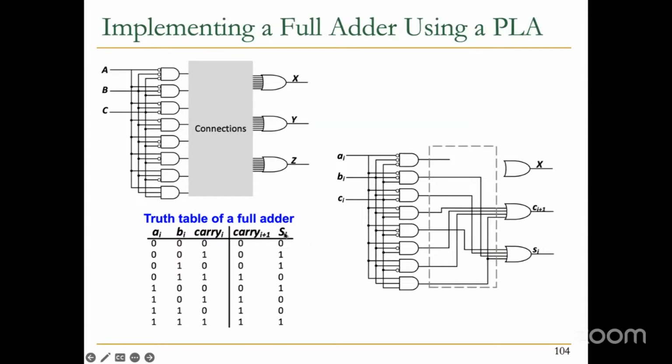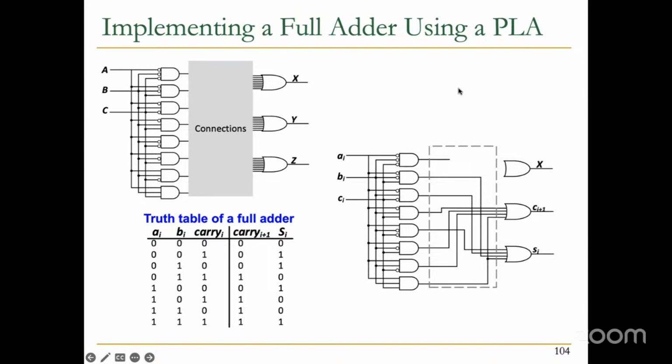Sum I is true. Basically, you need to connect these minterms, AI, BI, carry I, which should be 0, 0, 1, 0, 1, 0, 1, 0, 0, 1, 1, 1. And you can again convince yourself that SI is connected to those minterms over here.